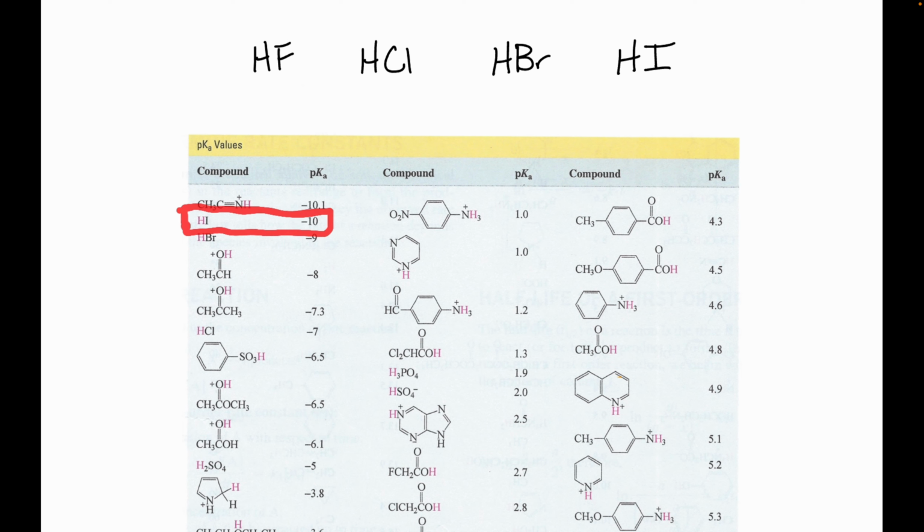Just about the strongest possible acid that you can have with a pKa of -10 is hydroiodic acid. Pretty close behind at -9 is hydrobromic acid. HCl's down here at -7. And HF we're going to have to hunt for on this chart a little bit. Oh, there it is. At 3.2.